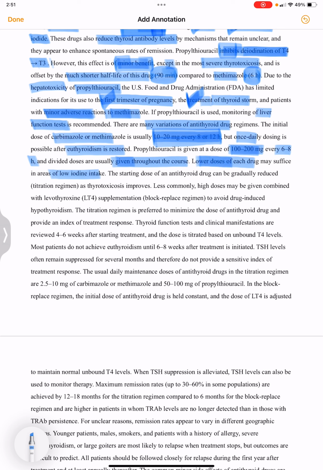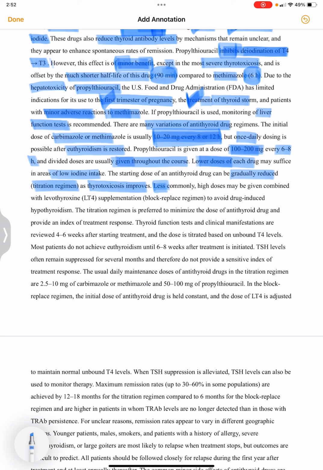The starting dose of an anti-thyroid drug can be gradually reduced, a titration regimen, as thyrotoxicosis improves. Less commonly, high doses may be given combined with levothyroxine supplementation, the block and replace regimen, to avoid drug-induced hypothyroidism.